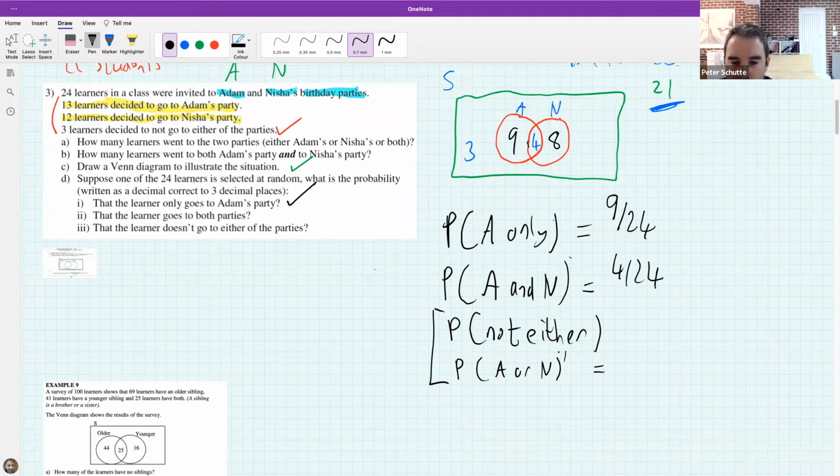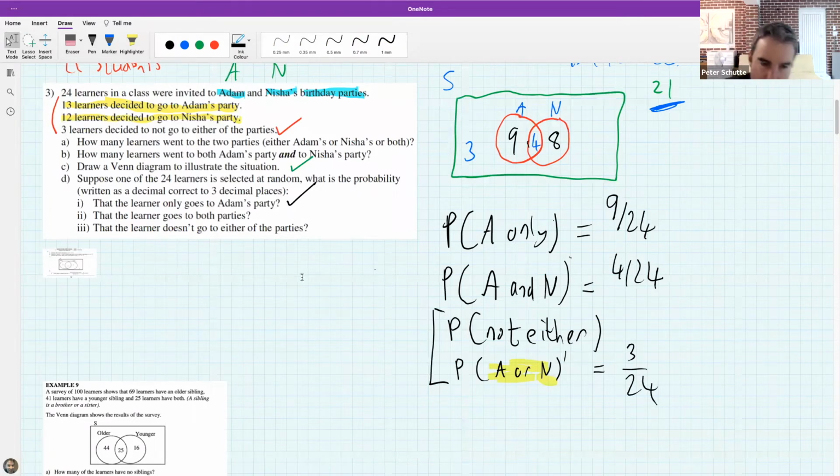And not A or N. So basically, what I'm doing with this fancy notation is I'm saying A or N is the circles inside. I want everything outside. So the dash is not. And so that would be 3 out of 24.